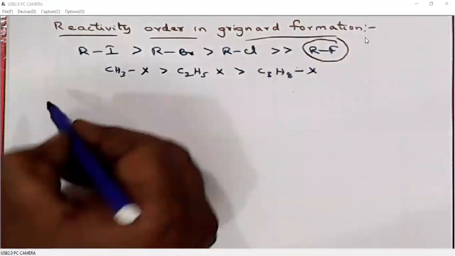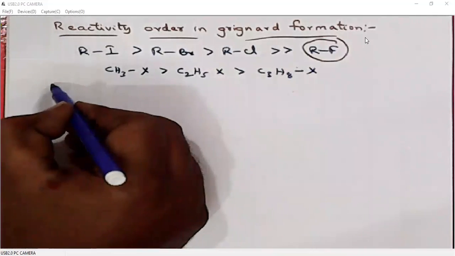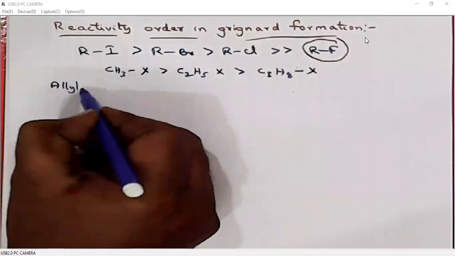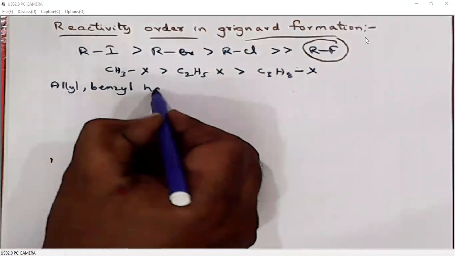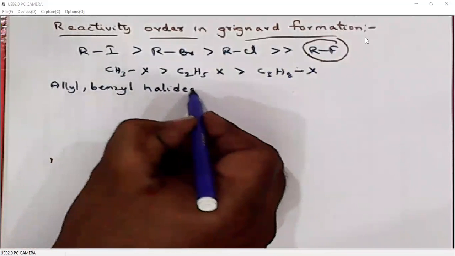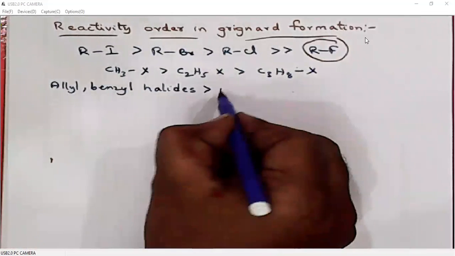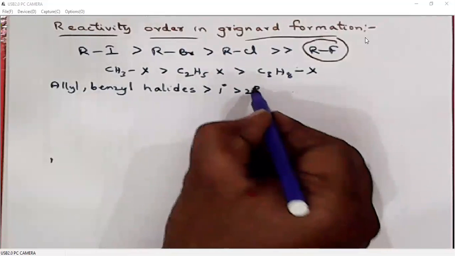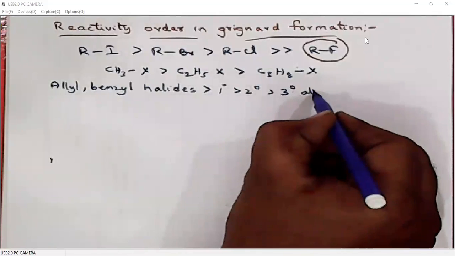When we look at the complete list of alkyl groups, allyl and benzyl halides are more reactive in generating Grignard reagents than primary alkyl, secondary alkyl, and tertiary alkyl halides.